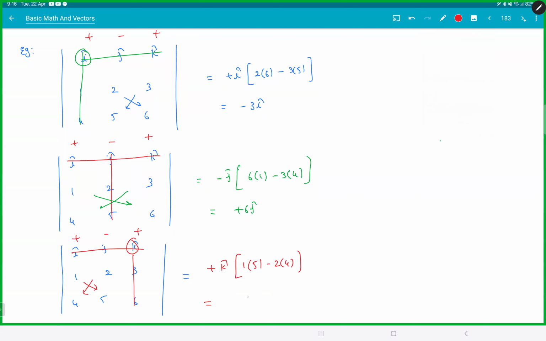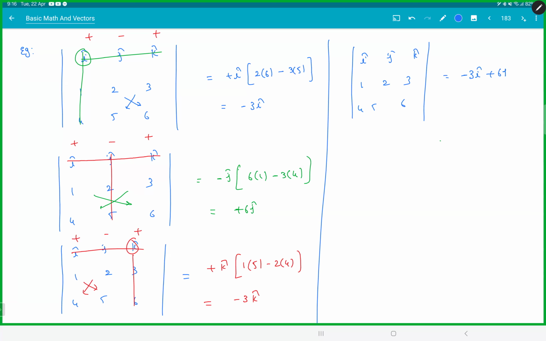So that will be 5 minus 8. So that is minus 3K cap. So the final answer for this thing is I, J, K, 1, 2, 3, and 4, 5, 6. So if someone asks you what is the answer for this, this is minus 3I plus 6J and minus 3K.